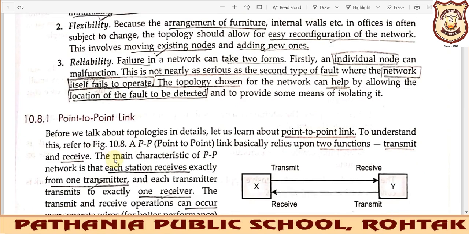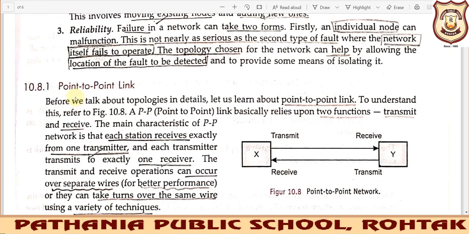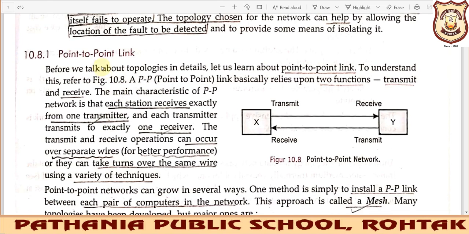Now comes the topic of point to point link, which we have discussed in previous lectures also. Point to point means computer to computer: one computer is sitting to transmit data to another computer, and that computer is sitting to receive the data.